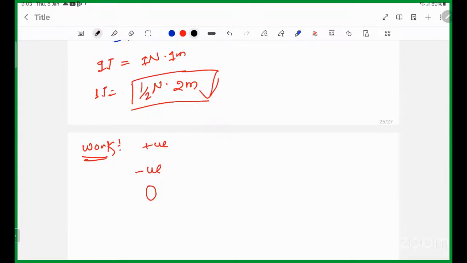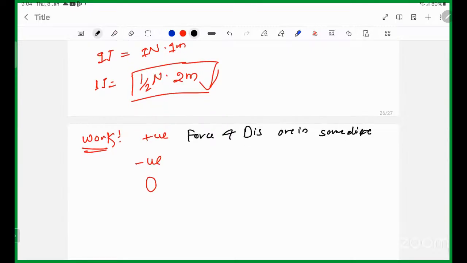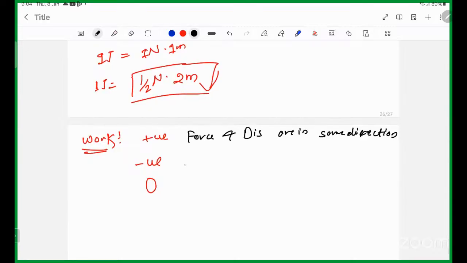In case of positive work, the force and displacement are in the same direction. In case of negative work, the force and displacement are in opposite directions.